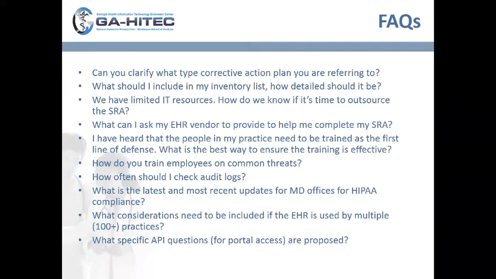And I think the next question, we kind of elaborated on that too. What can I ask my EHR vendor to provide to help me complete my security risk analysis? And I think they mentioned that even if you get your IT person or your EHR vendor, at the end of the day, you're still responsible for what is put into that security risk analysis. But I think you can certainly get them to give you your network layout.